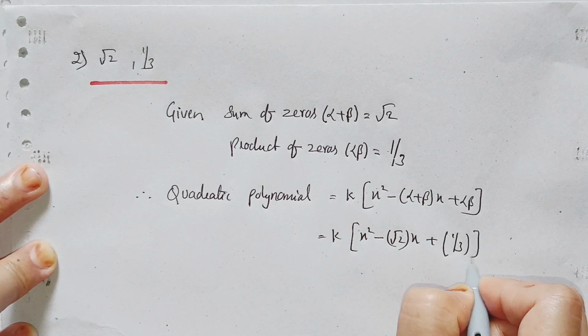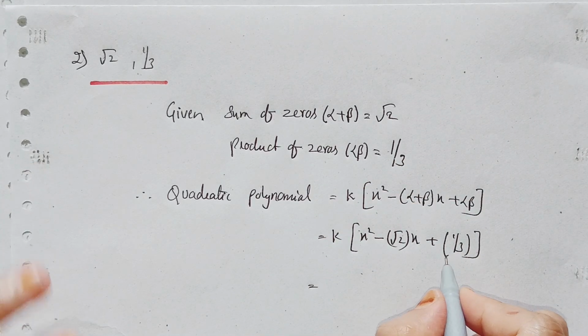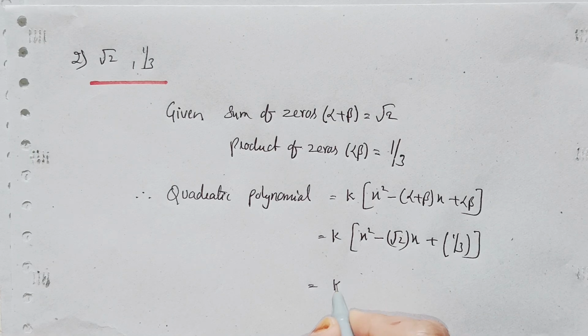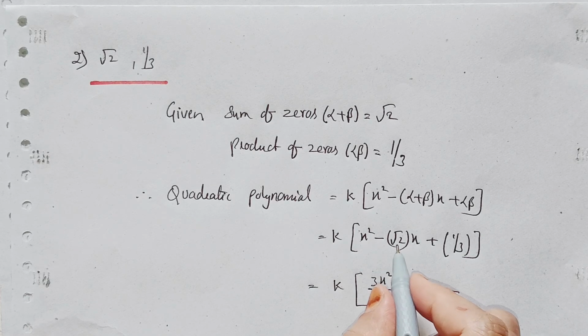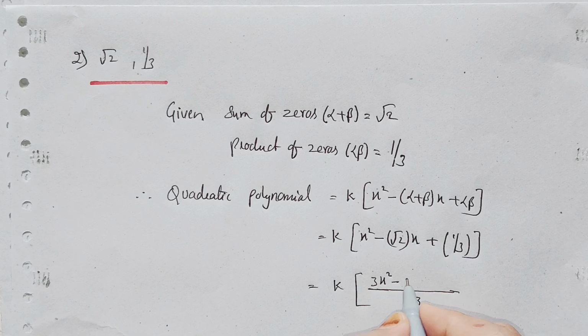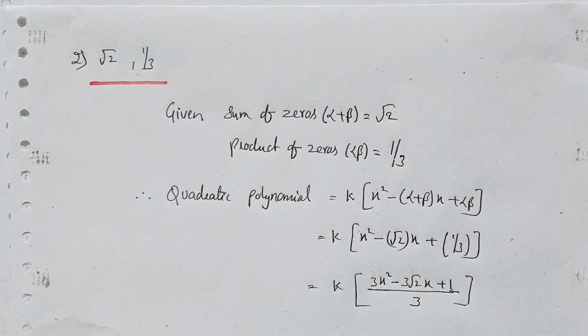Here I have to take 3 as the LCM. Then 3x square, then minus root 2 multiplied by 3 means 3 root 2 x, then plus 1. Okay, this is what I got.